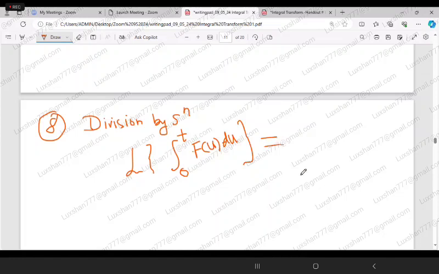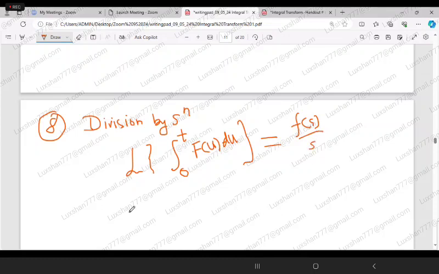Can anyone tell me the answer for this one? Yes, good. That is equal to F(s) over s.